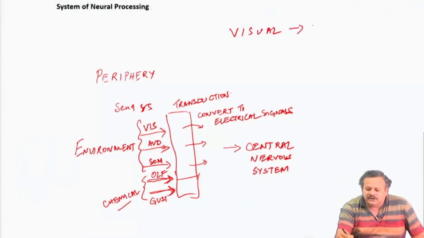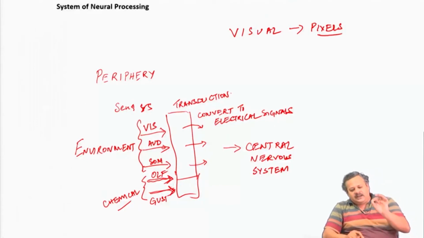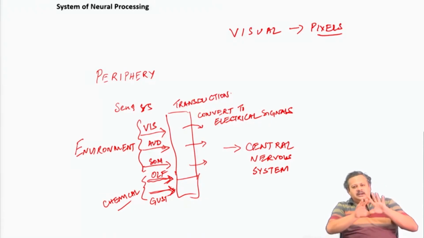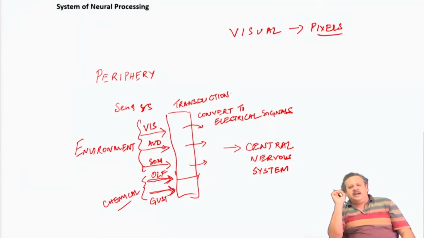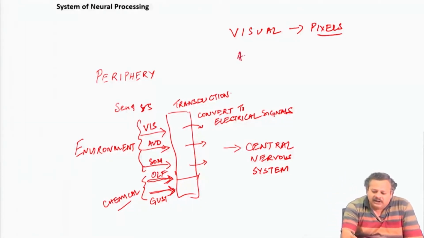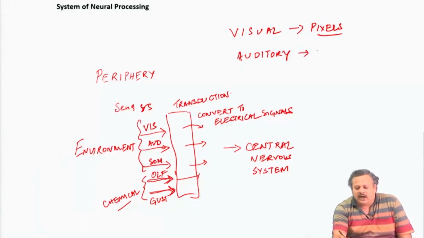So, here the visual field is converted into pixels, and the stimulus in each pixel is encoded in some particular way through the retina, and the whole field of view is broken down into these parallel channels of information of very tiny elements. Similarly, in the auditory system, what we will see is that it is broken down into something akin to frequencies.